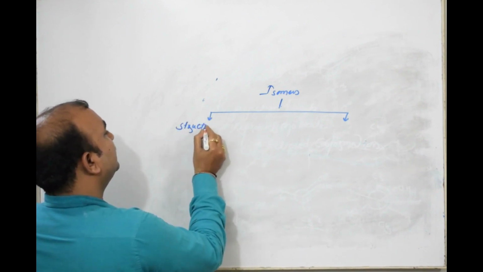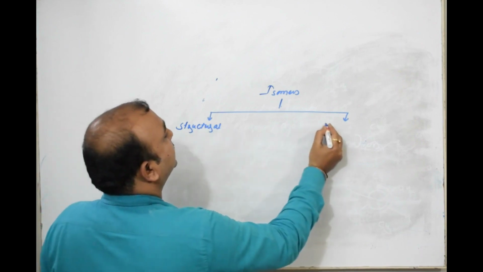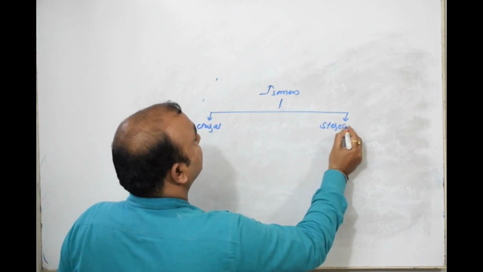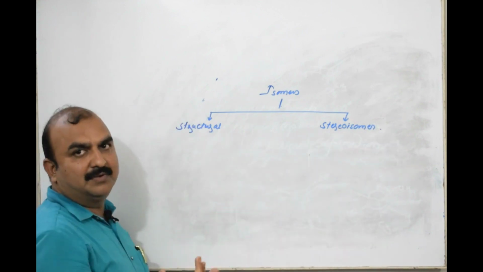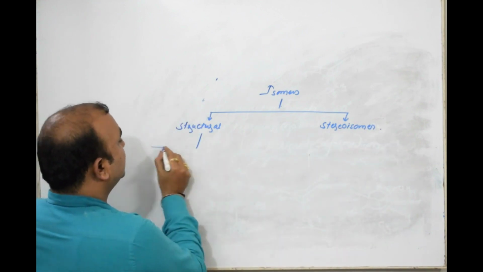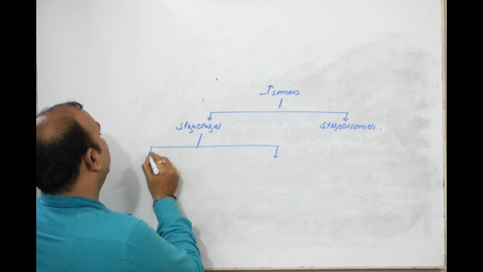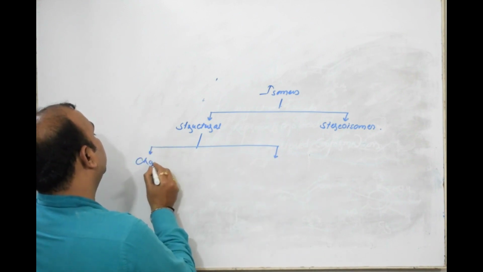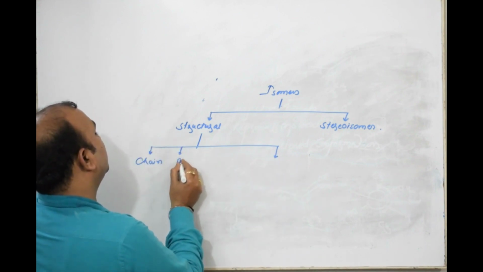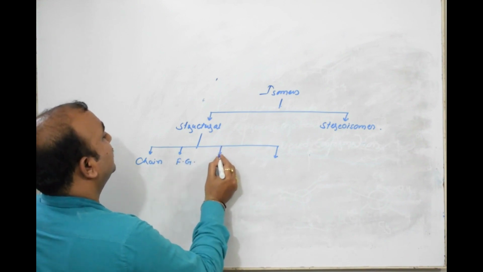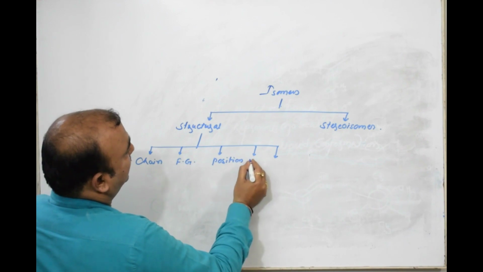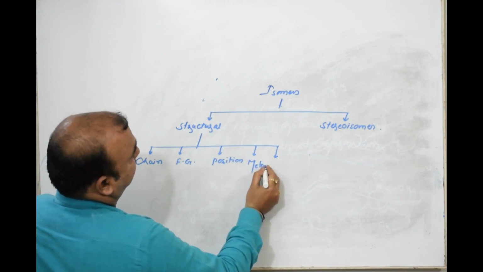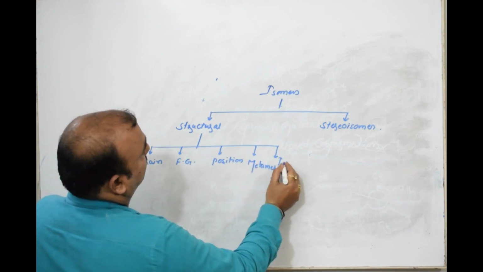Structural isomer is further divided into 5 types. Which are they? Chain, then functional group, then position, then metamer and tautomer.